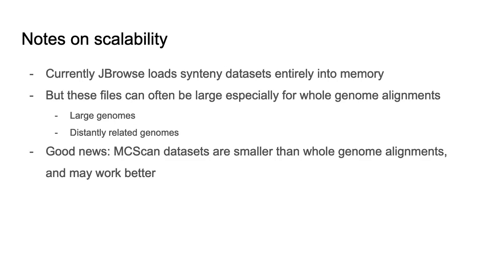So loading whole genome alignments may be difficult if you use a large genome. But you can also consider MCscan type approaches, which is just the gene pairs that would match between them. And we're also actively researching ways to overcome these limitations. But I just wanted to mention that because I know people work with large genomes.